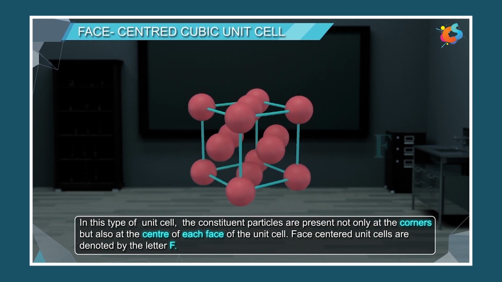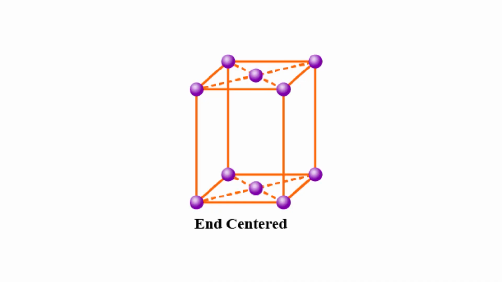It is denoted by the letter F. Lastly, we have the end centered unit cell. When the constituent particles are present at the center of two opposite faces in addition to the particles present at the corner positions, it is known as an end centered unit cell. It is denoted by the letter B.